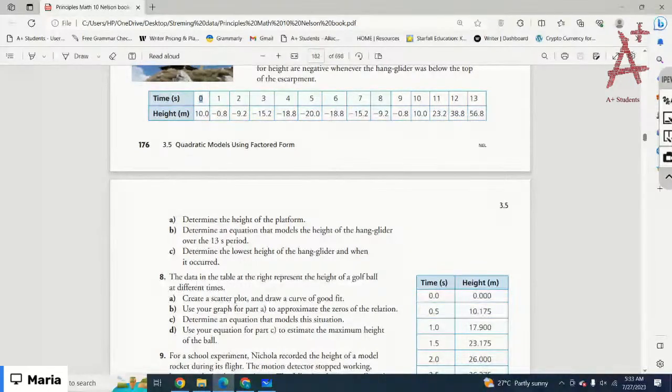Okay, for part B, determine an equation that models the height of the hang glider over the 13 seconds. You have to write down the equation for this table.